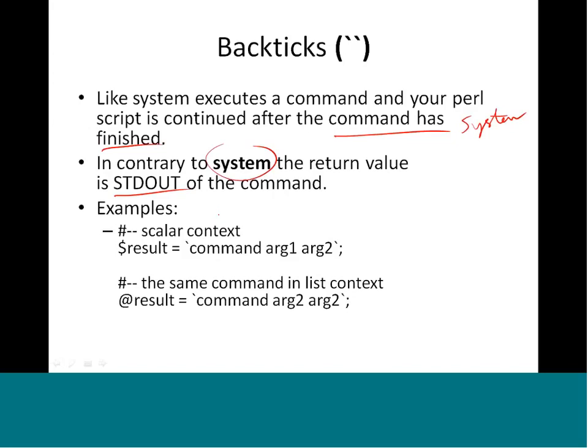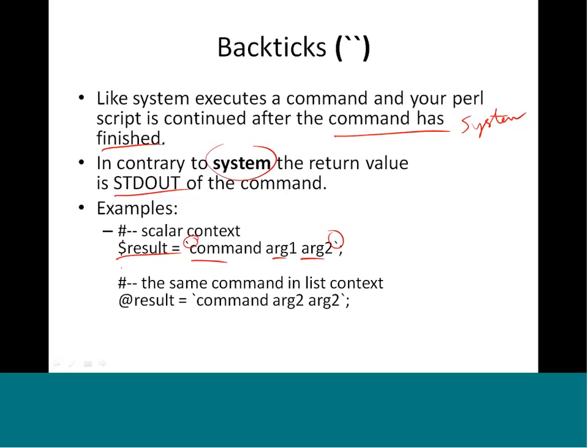So here we can say, like in a scalar context, dollar result is command followed by arg1, arg2, and then you notice the backtick here. So this command gets executed, and whatever the command's return value is gets stored as a scalar into the dollar result.